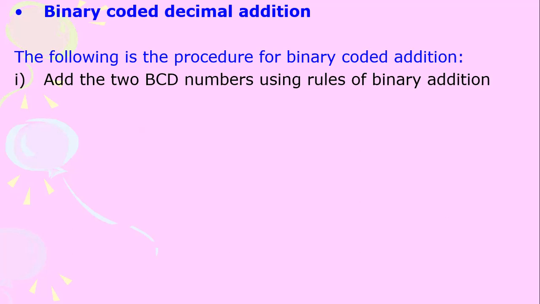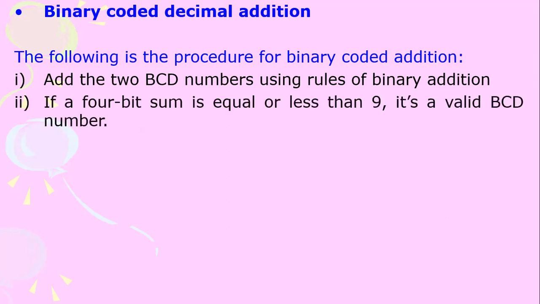So in this case, we assume that you have already listened to part 1 of 3 in this series of presentations, and you know what the BCD is all about. Once you are aware of what BCD is, then we can proceed. So the first step is you add the two BCD numbers given using rules of binary addition.